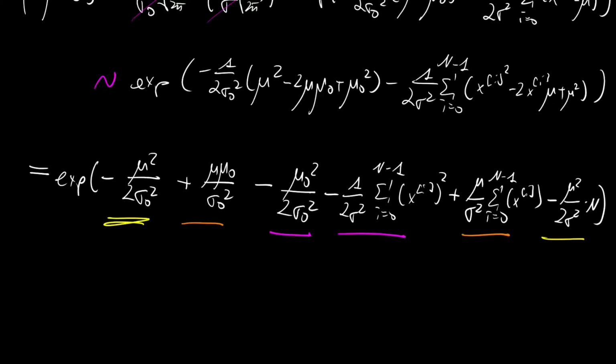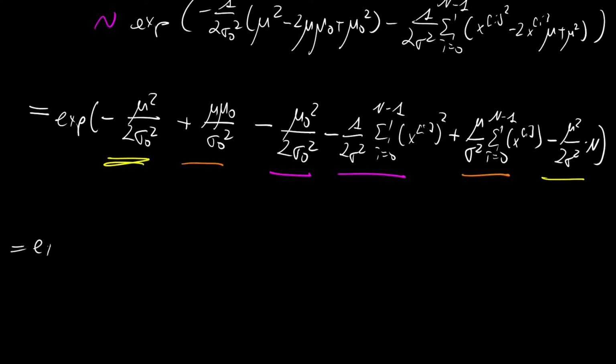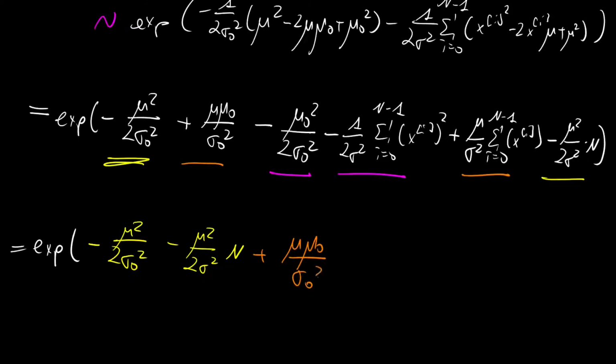So after rearranging, we are getting the exponentials, and first off minus mu squared over 2 sigma 0 squared minus mu squared over 2 sigma squared n. For the term in mu, we are getting plus mu 0 over sigma 0 squared.